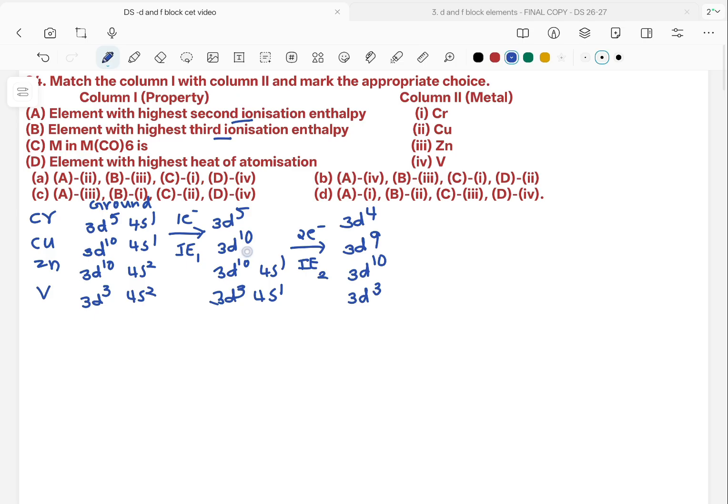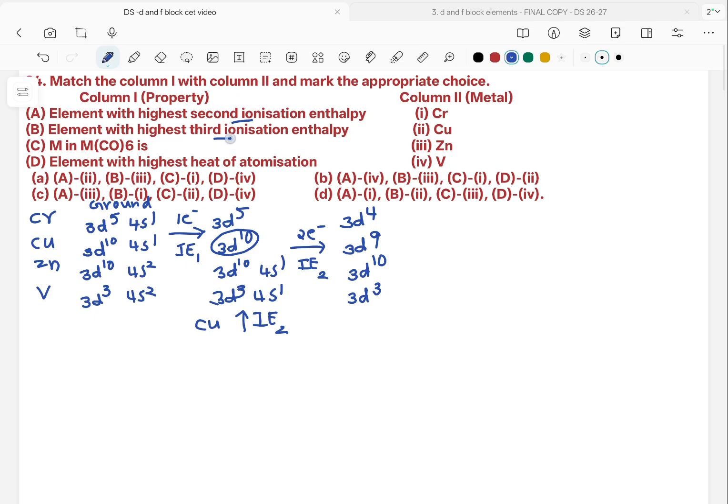Here the question is element with highest second ionization enthalpy, meaning after losing the first electron, this is the condition of the ion. To remove that second electron, that is second ionization enthalpy, high for what? We can see here 3d10 configuration, which gains extra stability. Therefore, copper should have very high IE2 value.